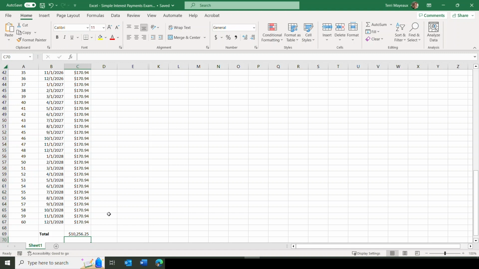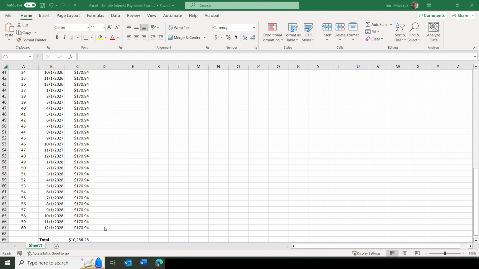So even though we want to take out a loan of $10,000, we are going to pay back $10,256.25. So we have about $250 of interest that we are going to pay over a 5-year time. Keeping in mind that my total for what I am paying for this loan is in cell C69, I'm going to go back up to the top.